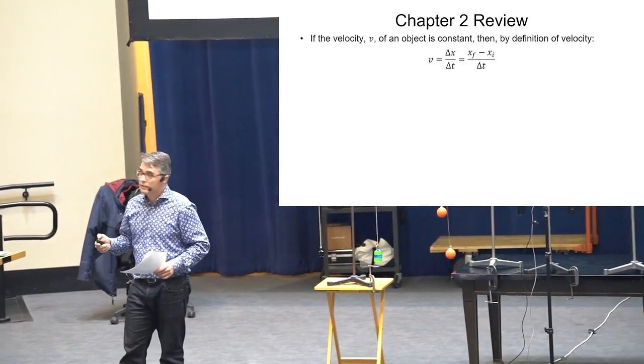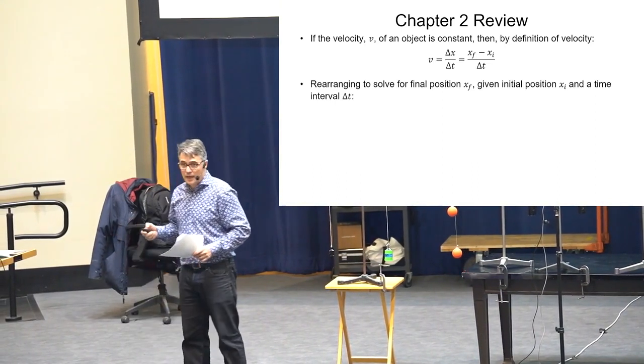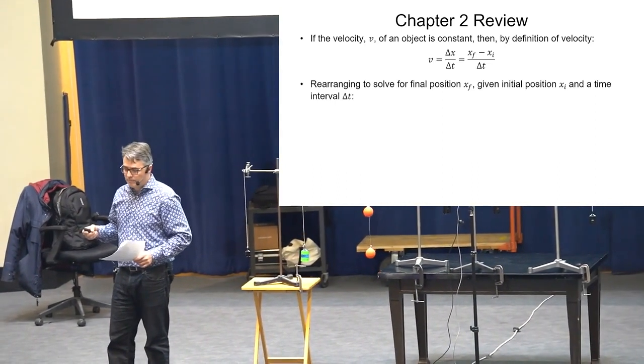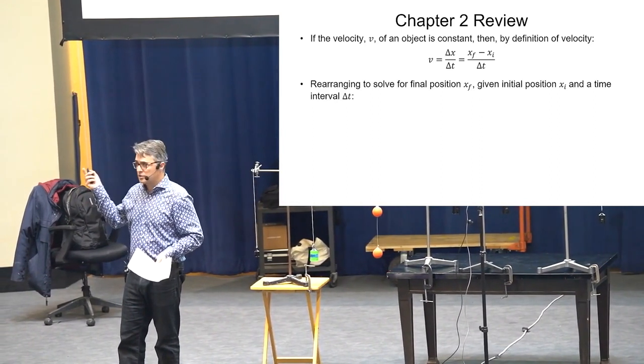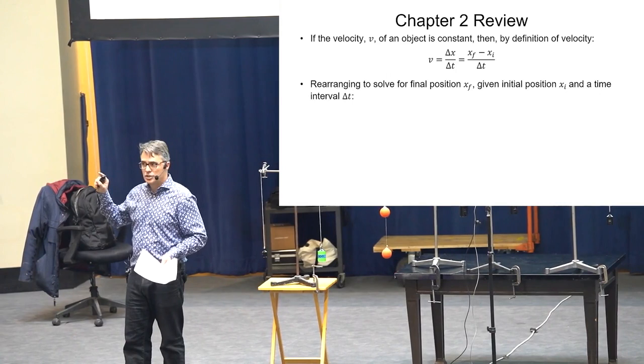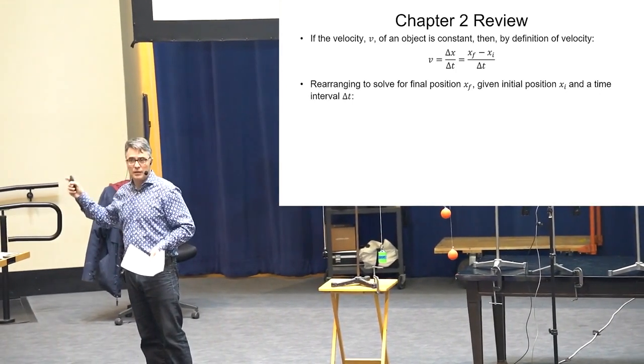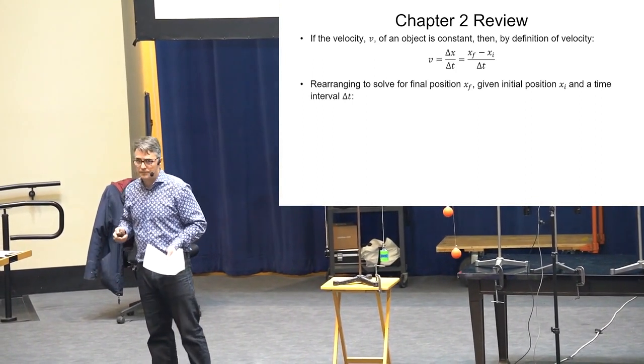If you have constant velocity, then velocity is change in position divided by change in time, delta t. You can rearrange to get the final position: the initial position plus v times delta t.